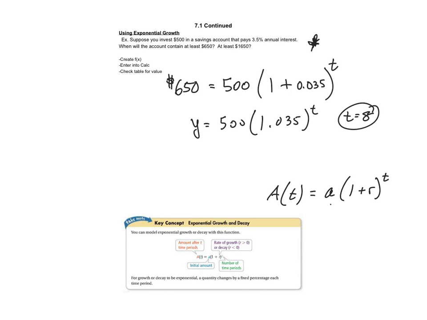And if we were to set this same equation up to find at least $1,650, let's see, we could arrow down our table data, and we could find that it's going to take a considerable amount of time.